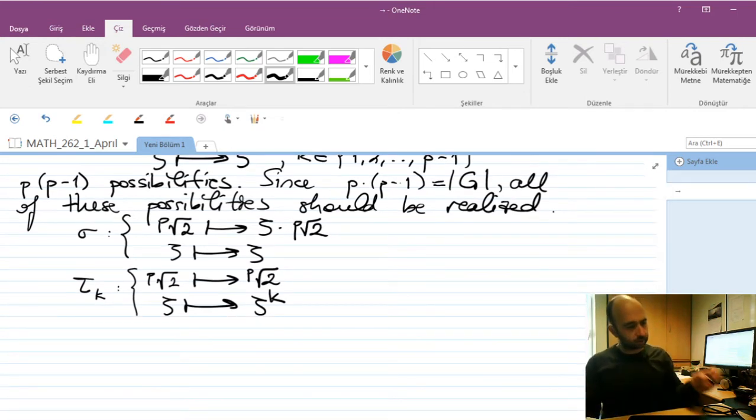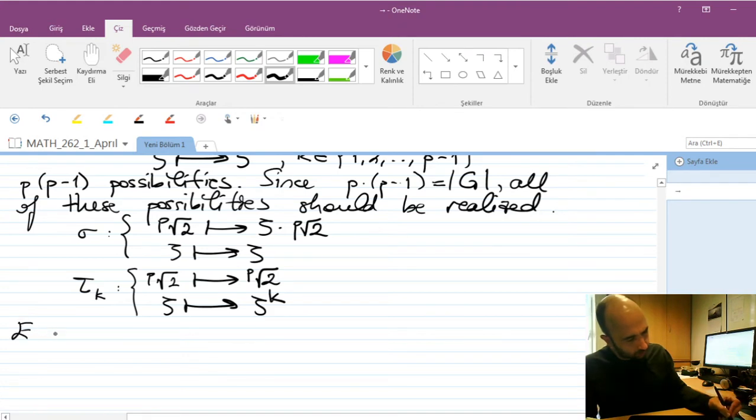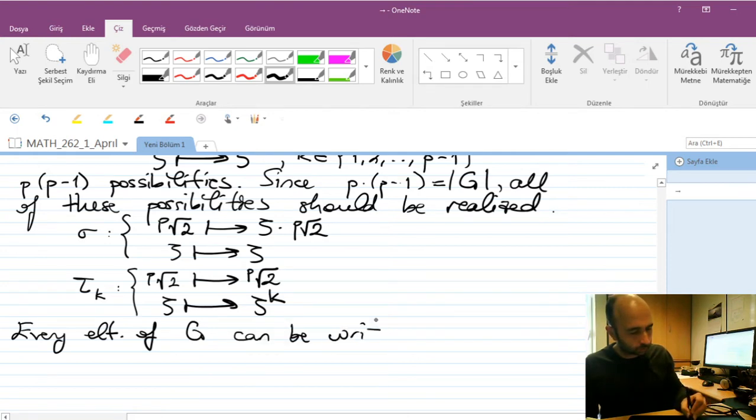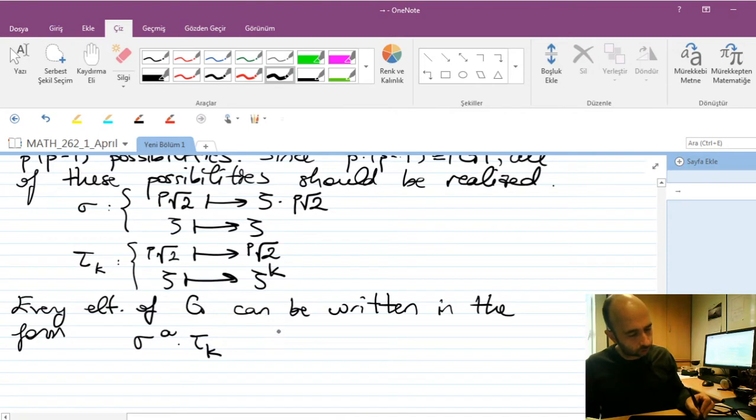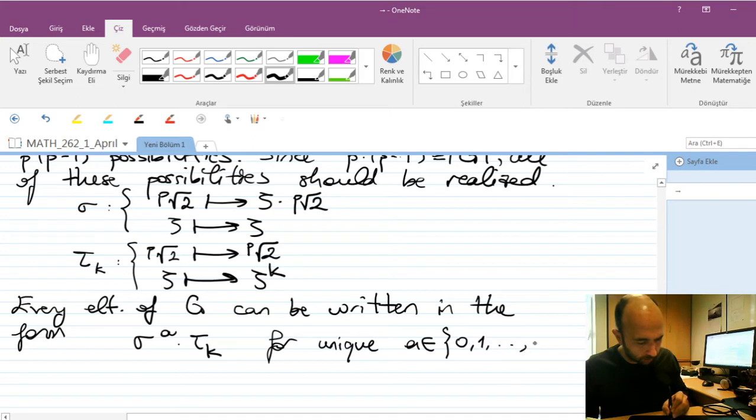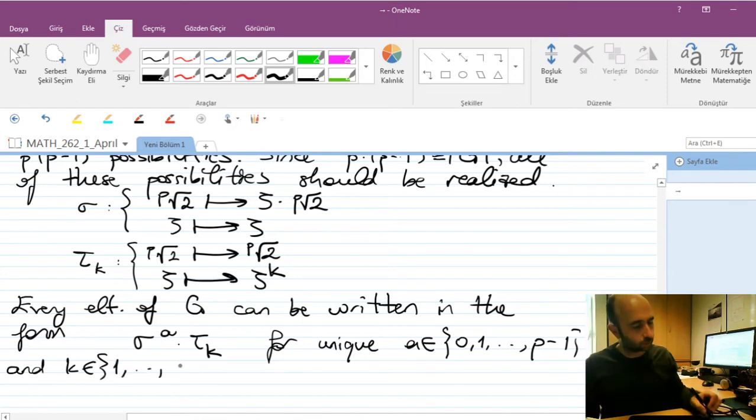Okay. Now, but it's clear that every element of G can be written in the form sigma to the power A times tau_k for a unique A in 0, 1 up to p minus 1 and k in 1 up to p minus 1, sorry.